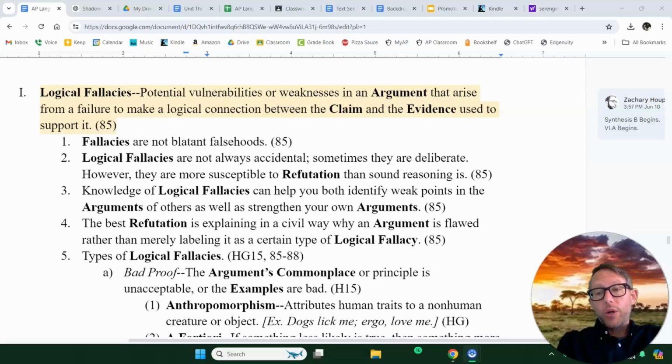But the flip side of this coin is the reason that this unit is structured so much like this is because it's also the end of the traditional content. As far as this class is concerned in terms of studying rhetoric and making sure we understand rhetoric, well, this is the end of rhetoric in the traditional sense. The final 3 units of the school year are each going to be devoted specifically to one of those types of writing.